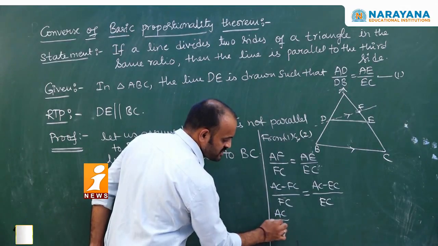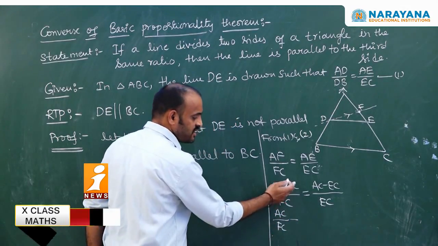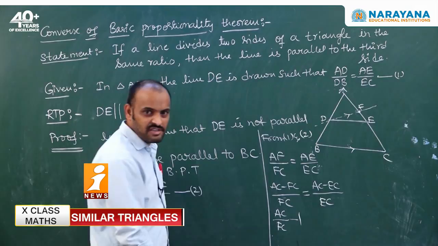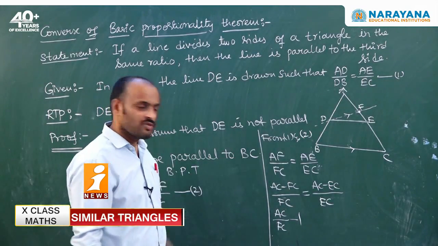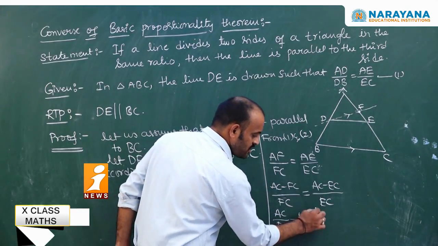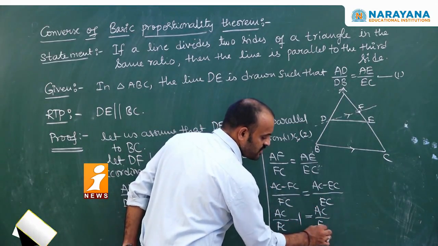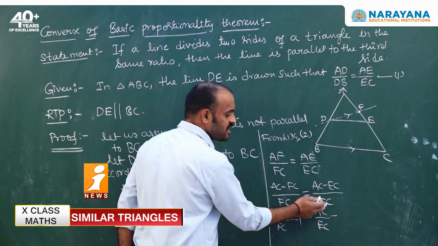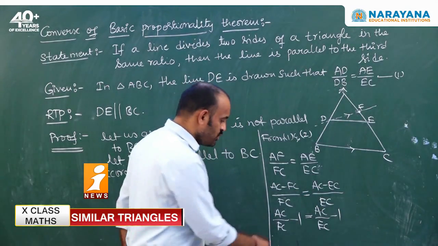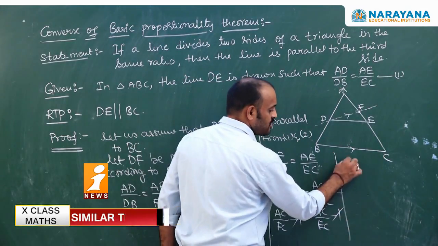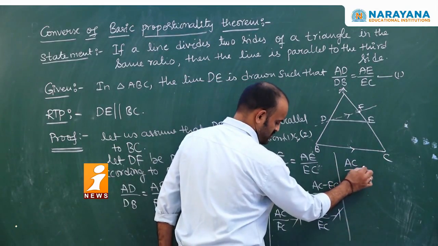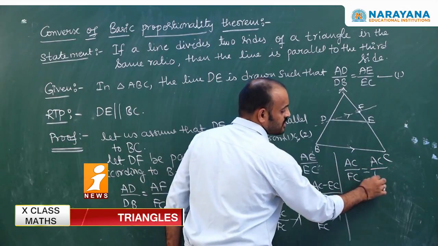Therefore, this becomes AC by FC minus FC by FC. FC by FC, as numerator and denominator are the same, gives 1, is equal to AC by EC minus EC by EC, which is 1. So both sides I have minus 1, I'll cancel them. That gives AC by FC is equal to AC by EC.